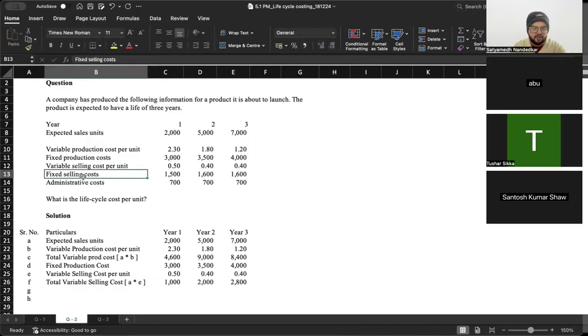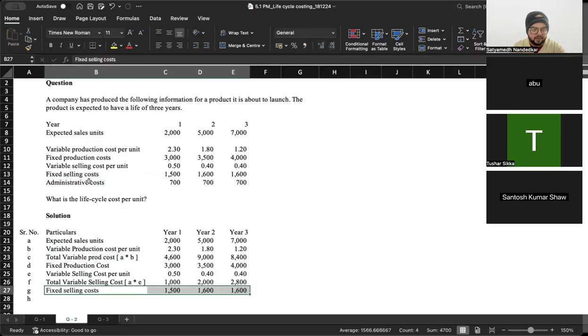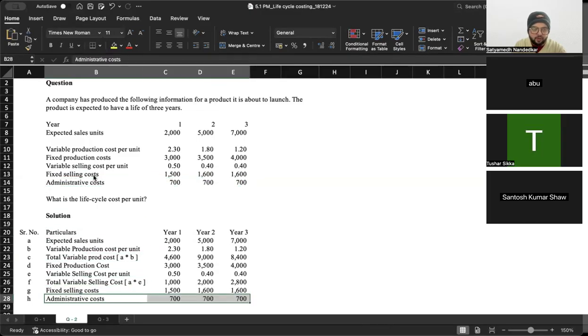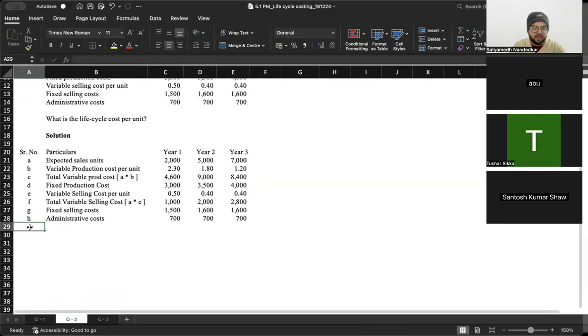Then fixed selling cost, administrative cost. And now you have to accumulate the total life cycle cost.